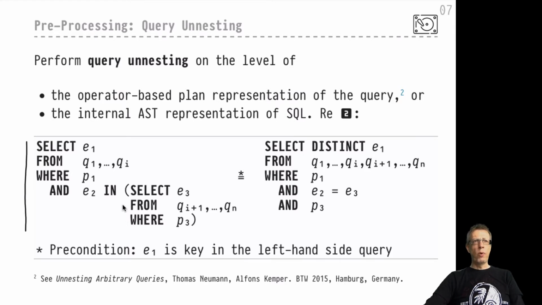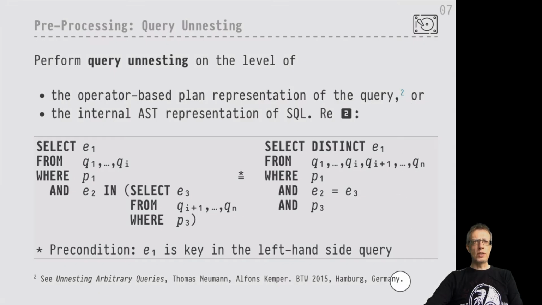Well, both ways are feasible, but there's one very interesting paper here that is being referenced by this footnote, and you will find it down below here. It's a rather recent paper from like 5 years ago, which has been presented at the German database conference, the BTW conference in Hamburg, Germany, by Alphonse and Thomas, two very dear colleagues of mine. And they've written a paper about unnesting arbitrary queries.